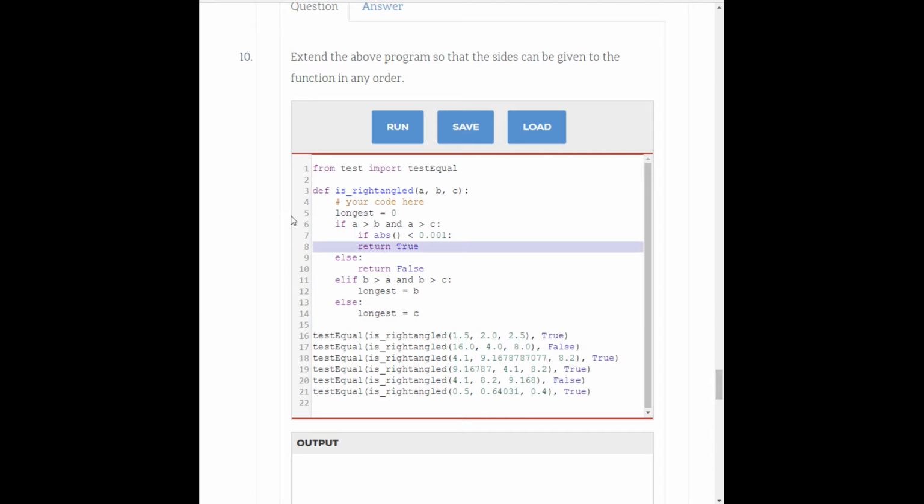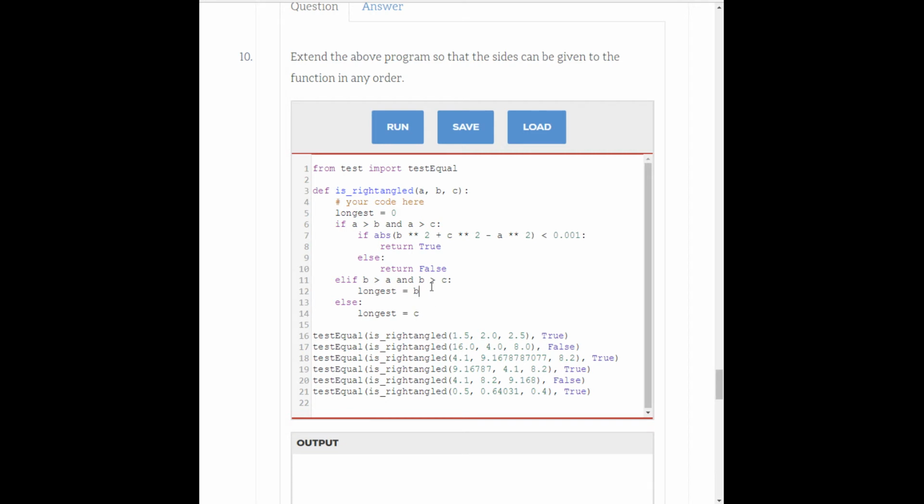first of all I need to make sure all this is indented correctly. Then test to see if B squared plus C squared minus A squared is less than that.